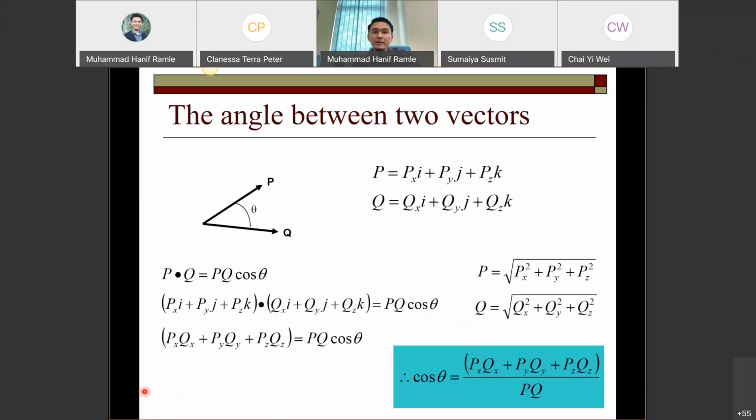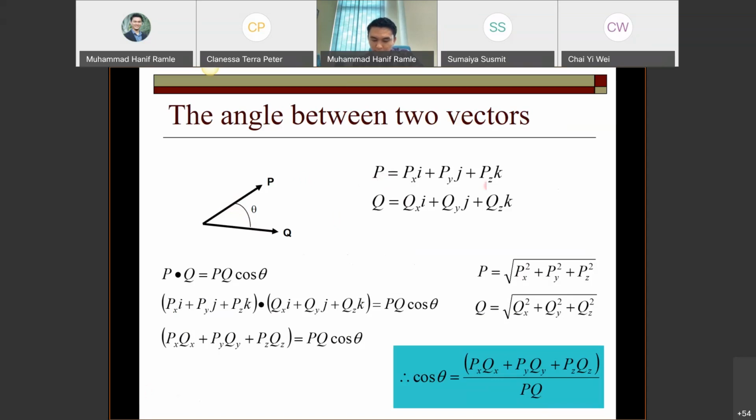Let's say you want to determine the angle between two vectors. So you have to use dot product. This is the example. We have P and Q, the two vectors, and we have angle theta between the two vectors. As you know, P must be in terms of IJK form.